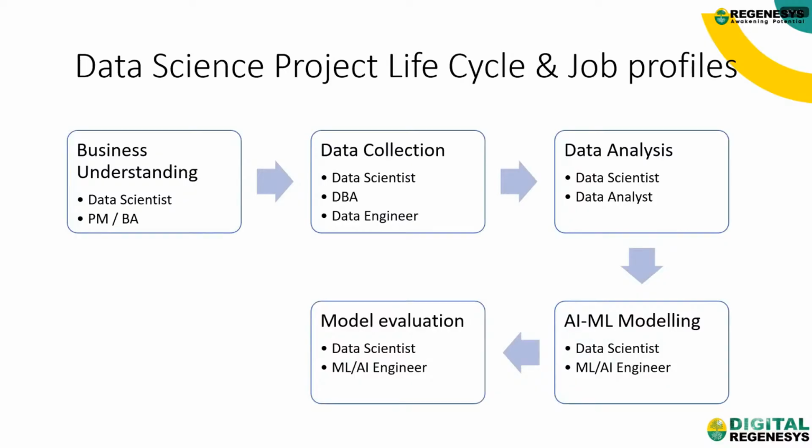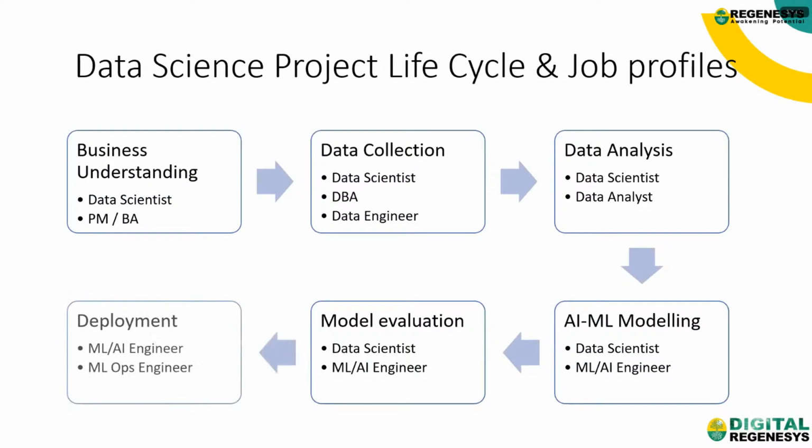You will build multiple models with different architectures, with different parameters, and then you evaluate these models. Whichever model is giving you the best result will be chosen for the production. And finally, that trained model is deployed on the platform.